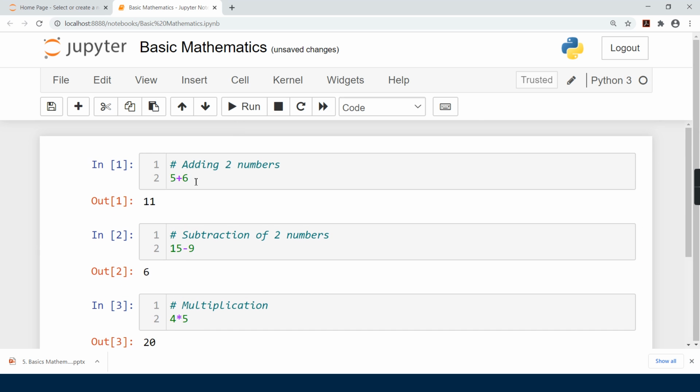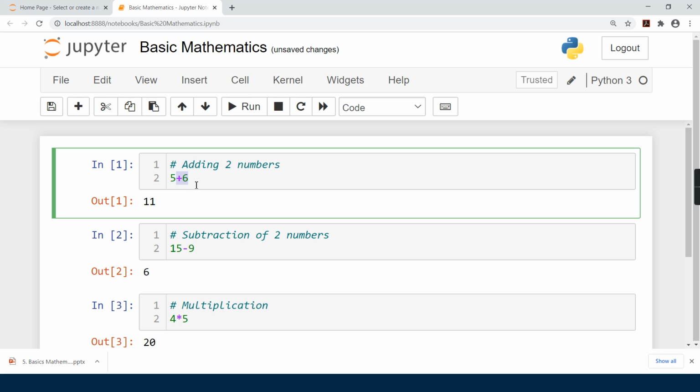Here you can see we are using the same operators that we usually use in a calculator. This is the flexibility that Python has. We can use the same functions or commands that you use while doing basic mathematics.